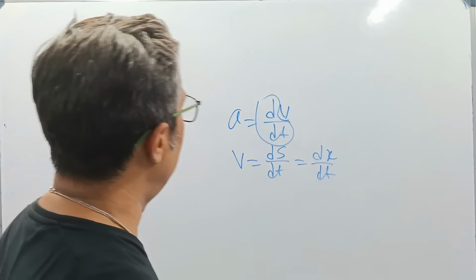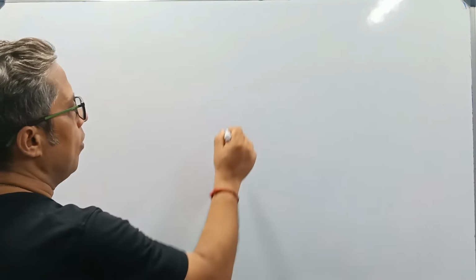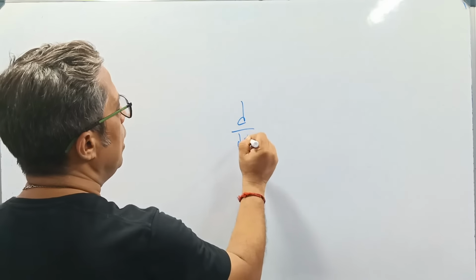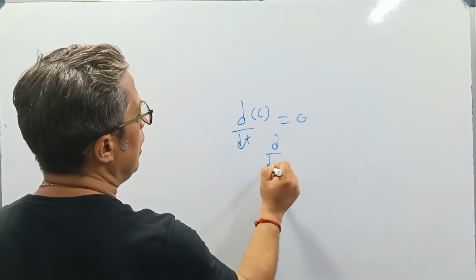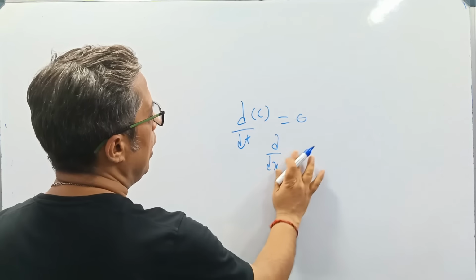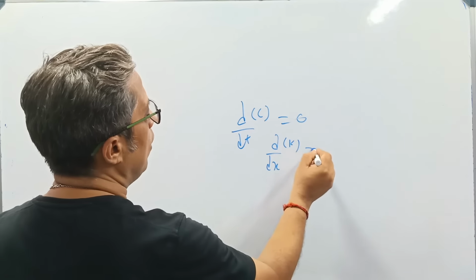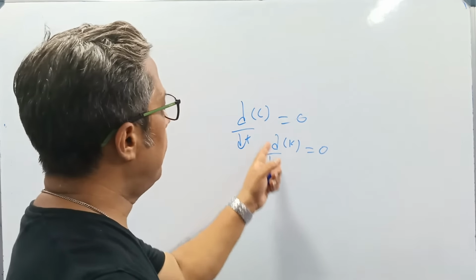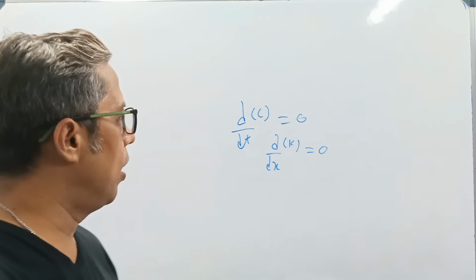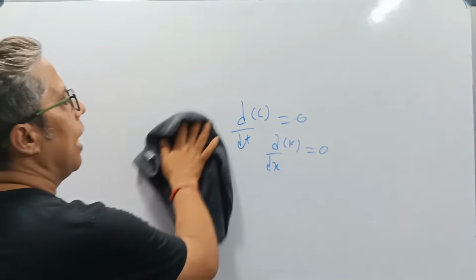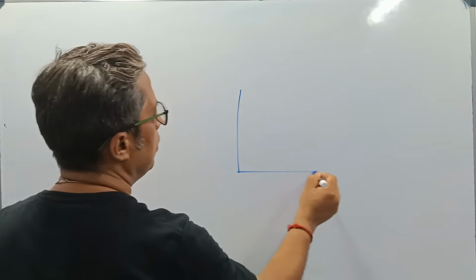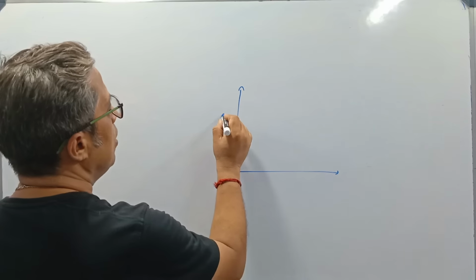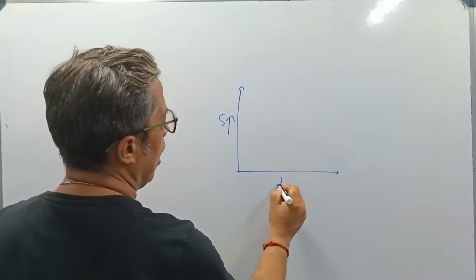Now, if things are not changing with time, what is going to happen? We know that in calculus, d/dt of any constant will be 0. Let's say d/dx of any constant k will be 0. If things are not changing with some variable, the derivative is 0. Let's say you have an object, and this is s and this is time t.